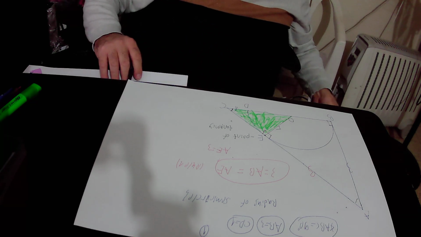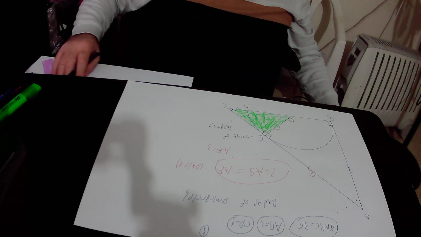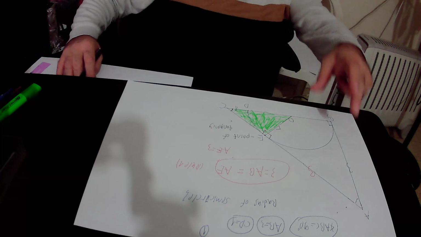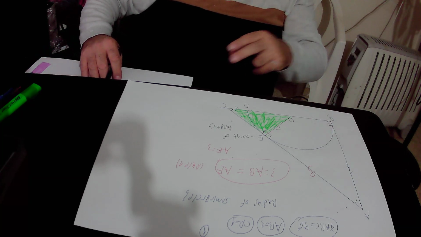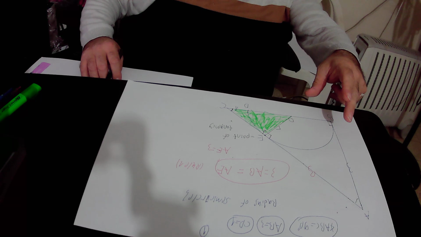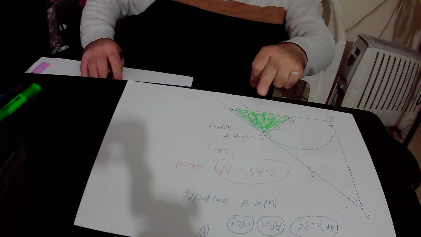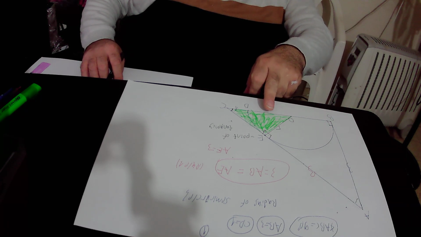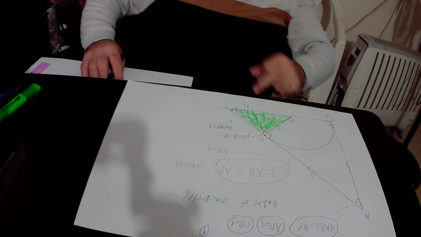So, we actually proved that three angles of triangle ABC are equal to three angles of the right green triangle, triangle EOC.